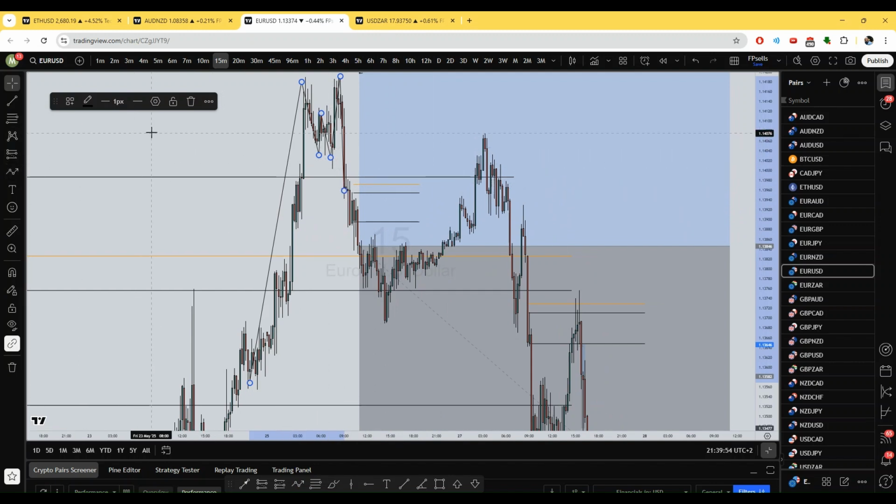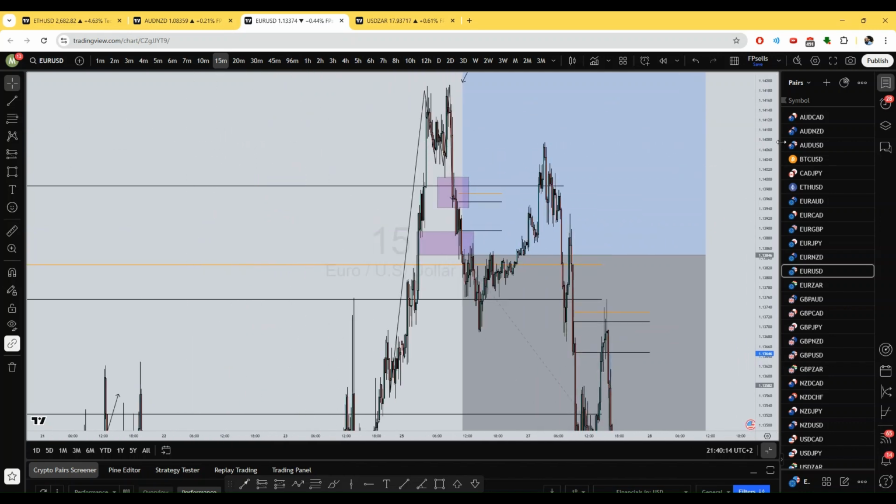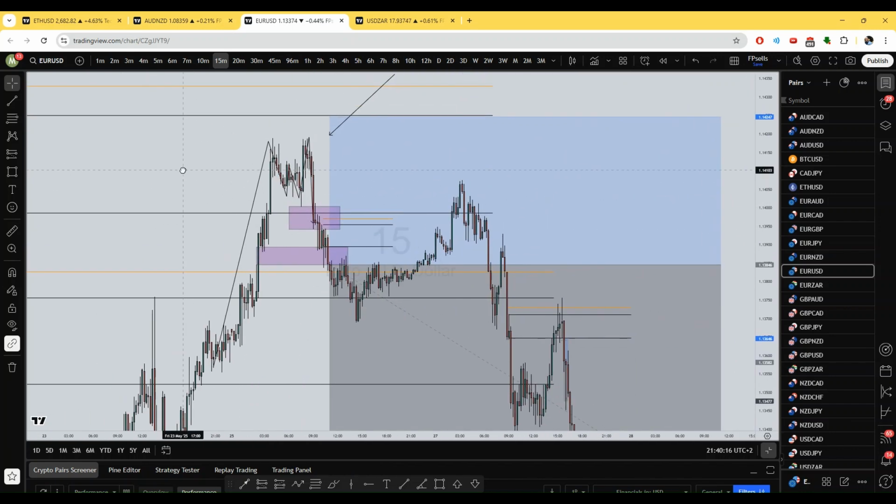And then after this strong push to the downside, we broke through this level, and then we're breaking against this one here. And then after we broke down below this, that's when I placed my trade. I sold.